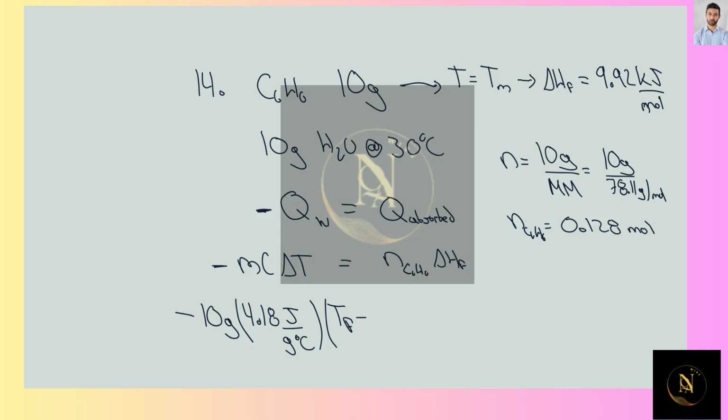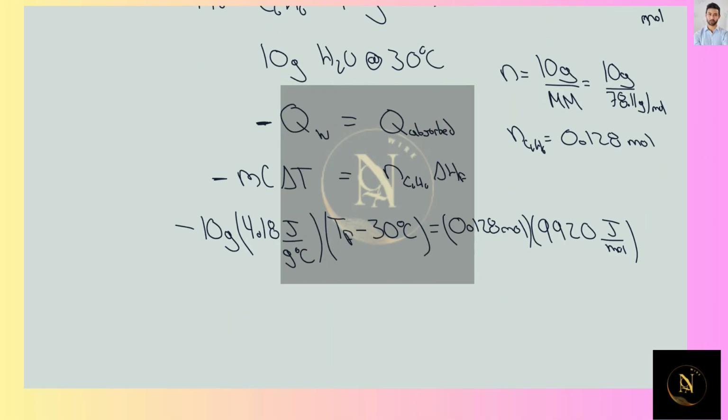My initial temperature for water is equal to 30 degrees Celsius. And on the right hand side, we're going to have 0.128 moles multiplied by the delta H of fusion. In this case, it's given to us in kilojoules, so we can convert it to joules simply by multiplying by 1000. So we are going to have 9,920 joules per mole.